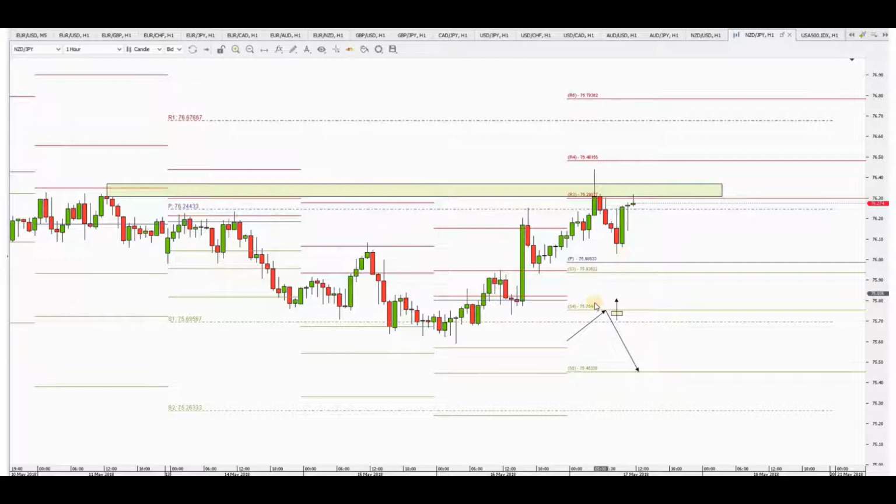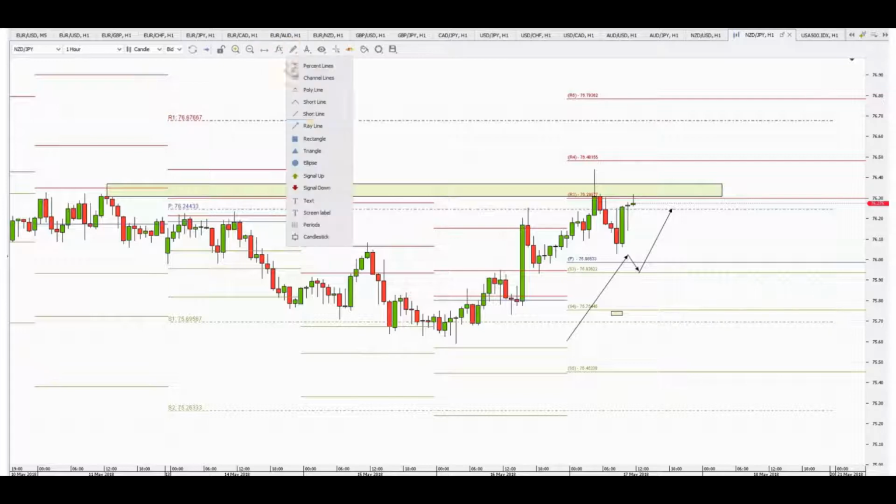If the market would go much higher and let's say it would hit S3, then I would be waiting for the market to break above, close above, then wait for a retracement and go long with my initial target number 1. Just remove this, and then initial target number 2 here, R3. So I would then be playing scenario number 1.